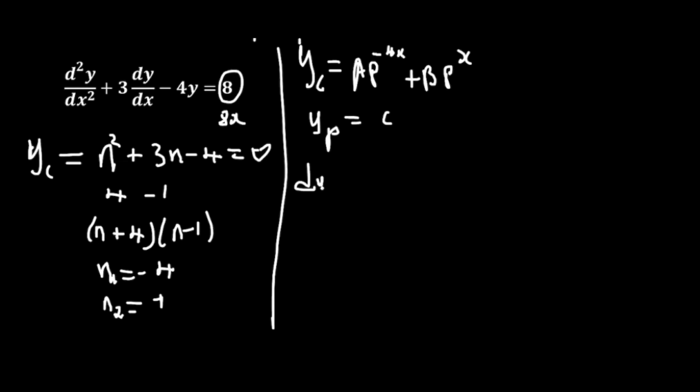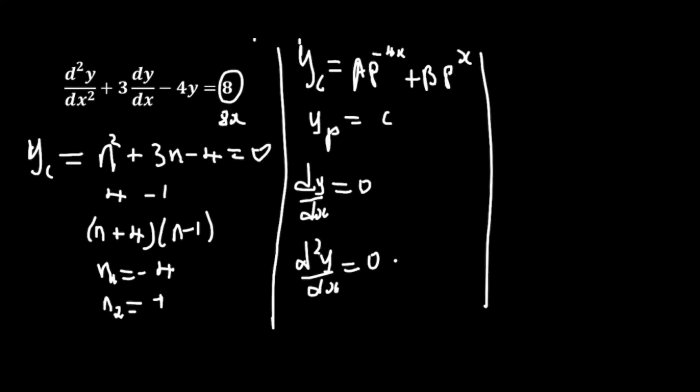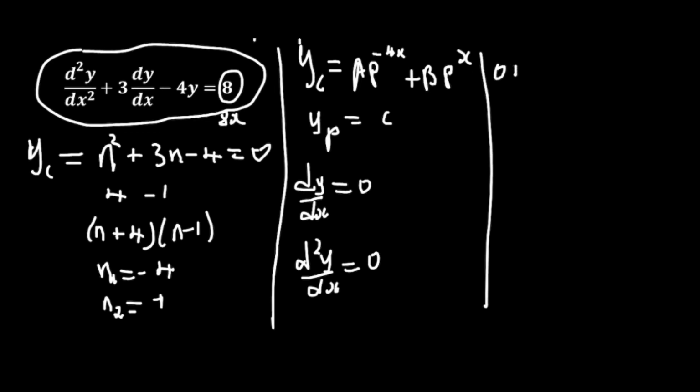Looking at the first derivative, we have dy dx giving us 0, since the derivative of a constant is 0, and the second derivative will still be 0. So we see clearly that if we put this in our original equation up here, we're going to have 0 plus 3 times 0 minus 4 into our y here.